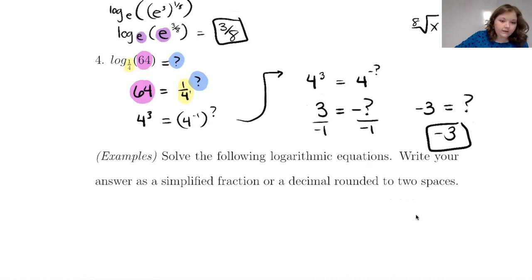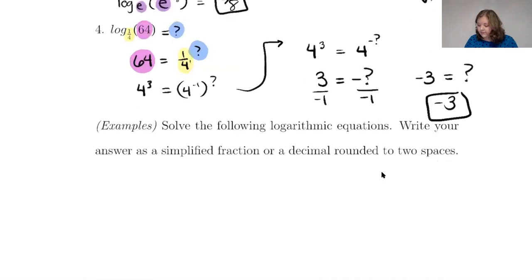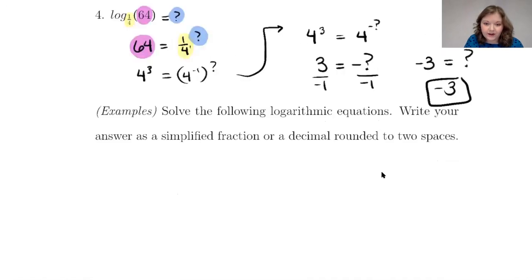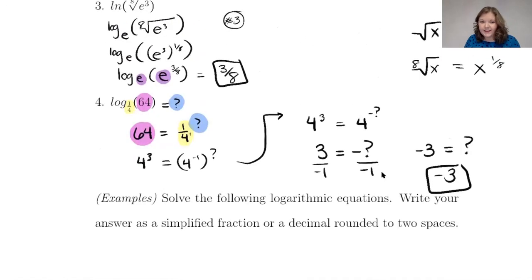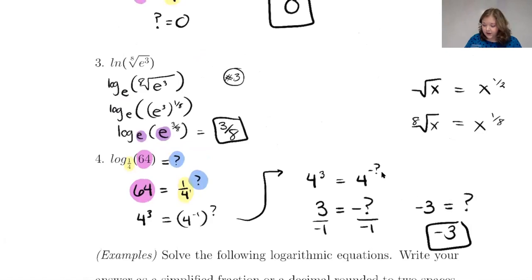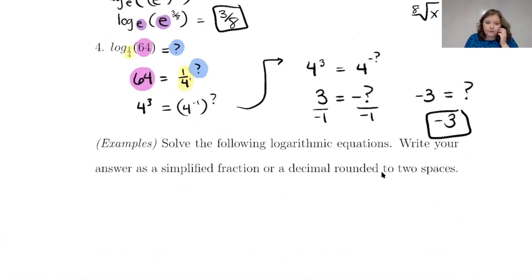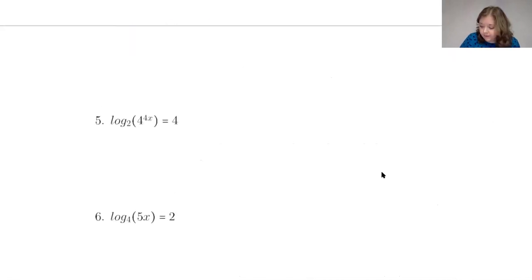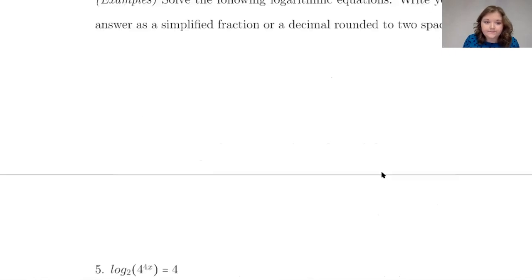All right, so that is the first 4 examples. Now we're going to work a few different examples where we are solving equations. With these, it was just evaluation. We did make equations with a few of them by setting them equal to question marks, but now we're going to be given equations where things are already equal to each other, and we'll be solving for x.